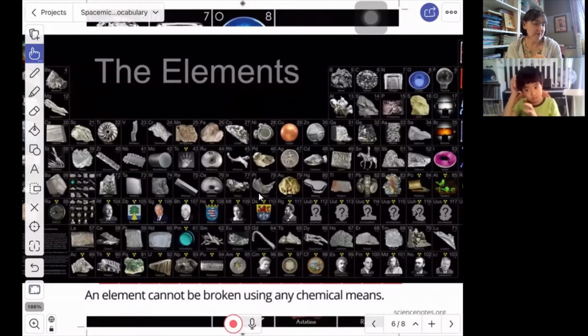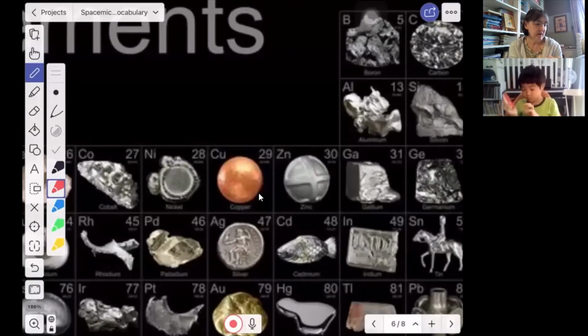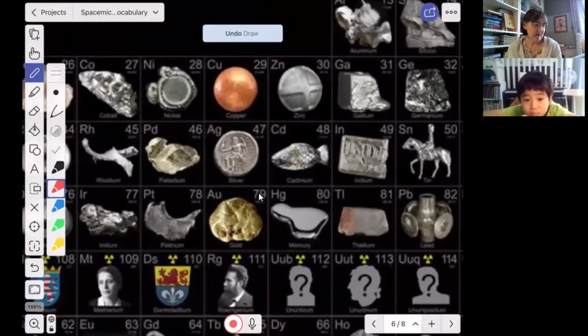So for example, you could see this one right here. This has Cu, that's copper. This one right here, that says Ni, that's nickel. This one right here that says Au, that's gold.